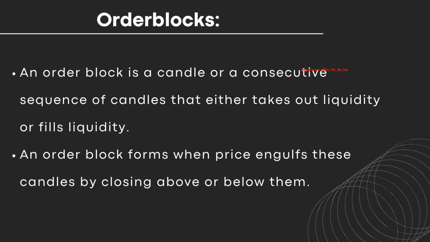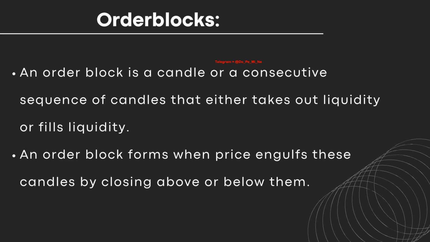To solve that problem, I've come up with, not someone else, but me, the most refined and objective definition that I could come up with for an order block. Moreover, it's the correct and logical definition for an order block. So, an order block is a candle or a sequence of consecutive candles.